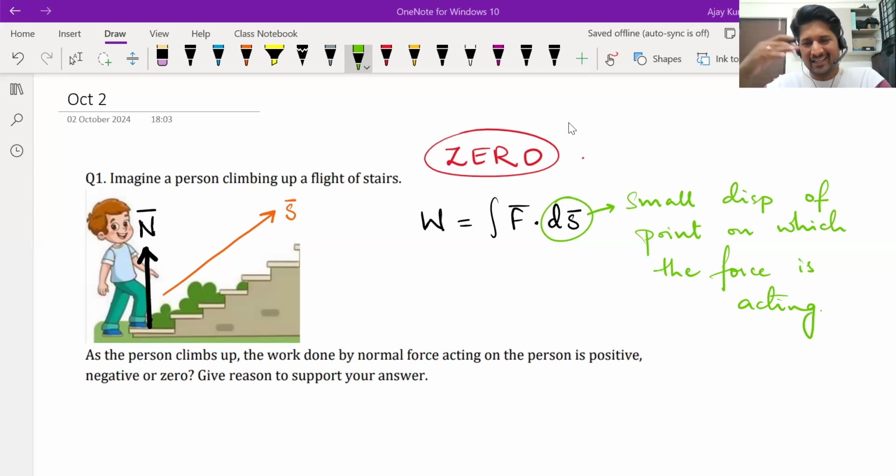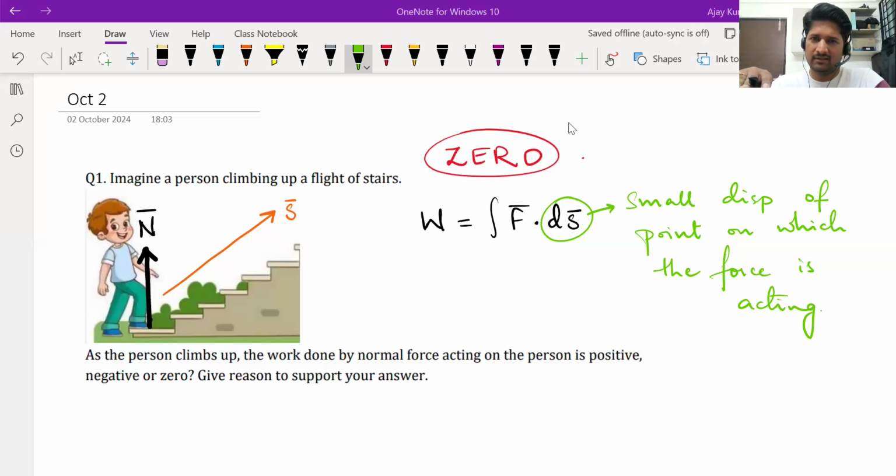Okay. Imagine the boy climbing the stairs, or imagine yourself climbing stairs. The foot that is on the step, while it is experiencing normal force from the step, does it move? Suppose your right foot is on a step.